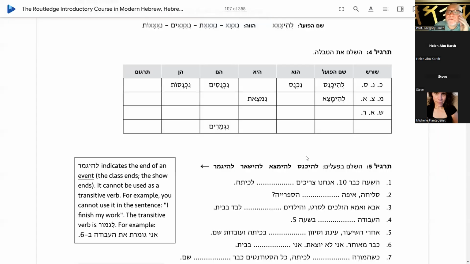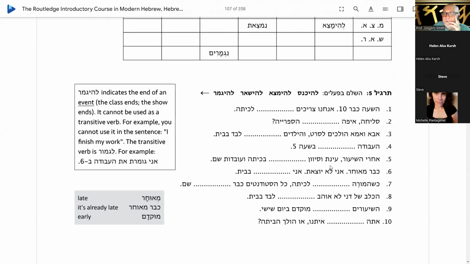Okay, so where we're at here is acharei hashiur, so after class, Einat v'Sivan. So Einat and Sivan. We need to come up with the one that is stay. Remember, that's lehisha'er. Lehisha'er is the staying one. So let's take a look at the one that reflects Einat and Sivan. If you were to say John and David and refer to them in the third person, you would say them, right?